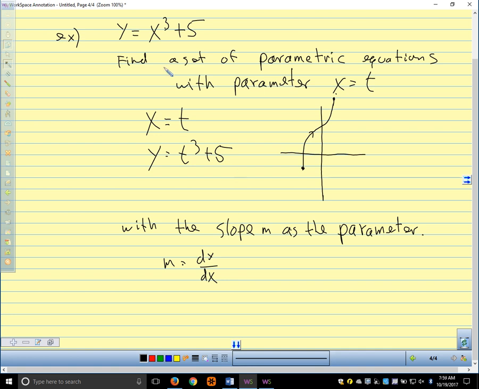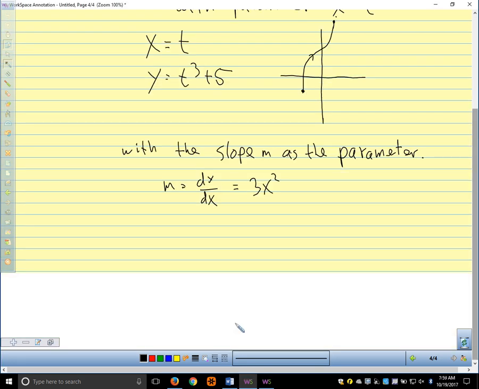So we take the derivative of this, which equals 3x squared. So x, in terms of the slope, x equals the square root of m over 3. That would be our x-coordinate in terms of the slope. So if we knew the slope we plug the slope in, and we get the x-coordinate.